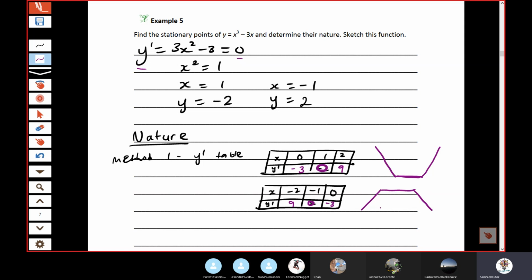That's a max. That's a min. So is that like the nature? Is that how you draw it? That is exactly the nature, and that's pretty much how we're going to draw it. So at 1 and negative 2, at this point, it needs to be a minimum turning point. But at this point, it's got to be a maximum turning point.